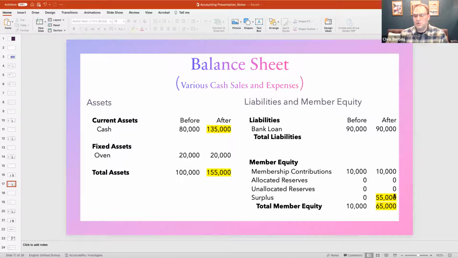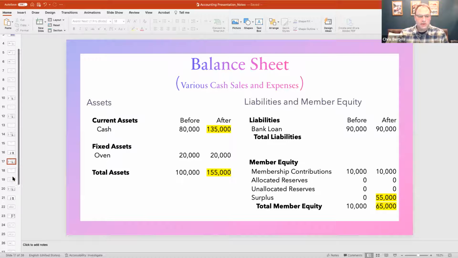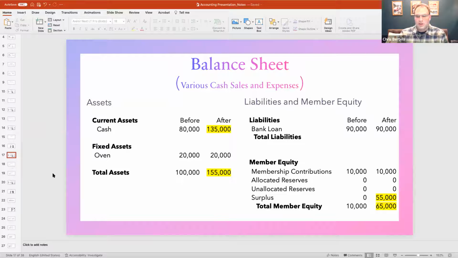So in order for this to balance, just mathematically, it has to be put here under member equity. It essentially belongs to the members, and later it's going to be allocated to several different categories, which is really unique for co-ops, and we'll get to that later. So this surplus is always going to have to be in member equity. That's just in order to balance everything.